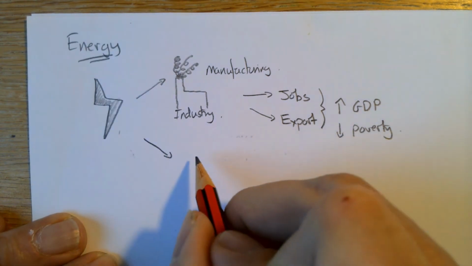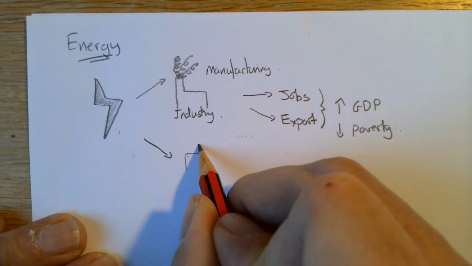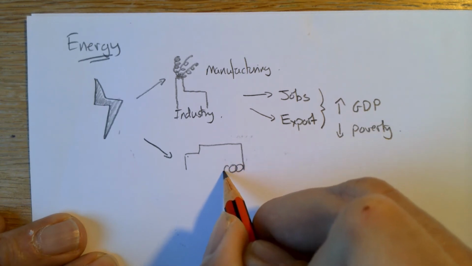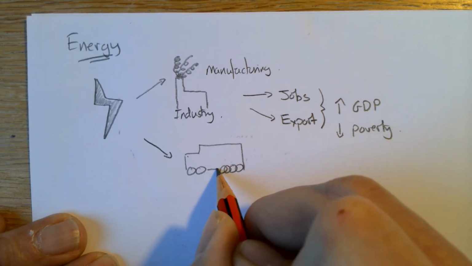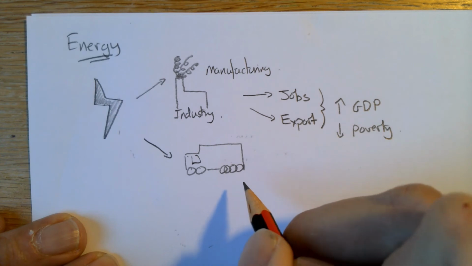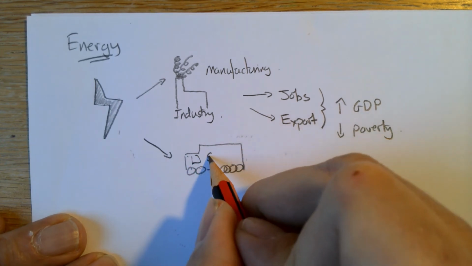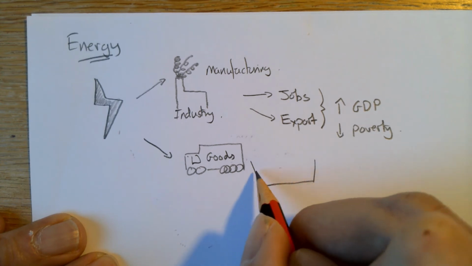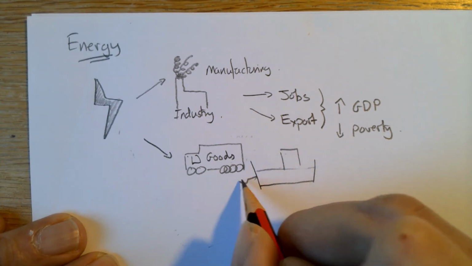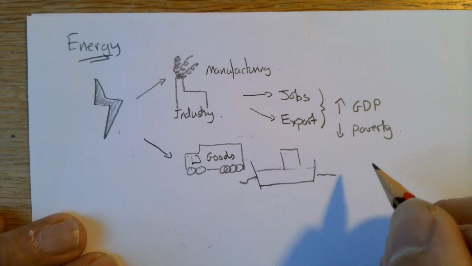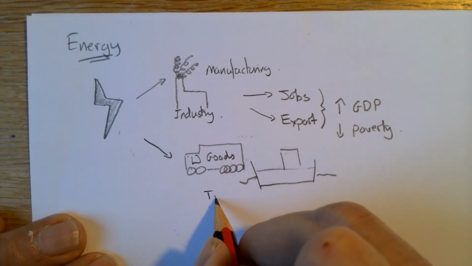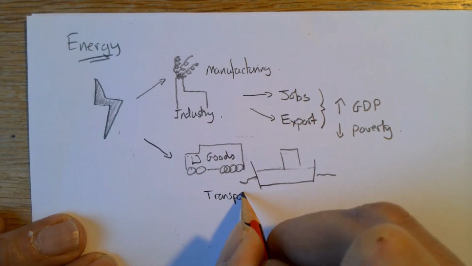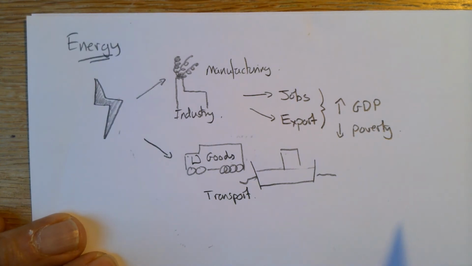Secondly, energy provides or is necessary for a good transport system. So these HGVs that are going to be transporting goods, and these boats that might be exporting the goods around the world, they need to have energy, usually in the form of oil.